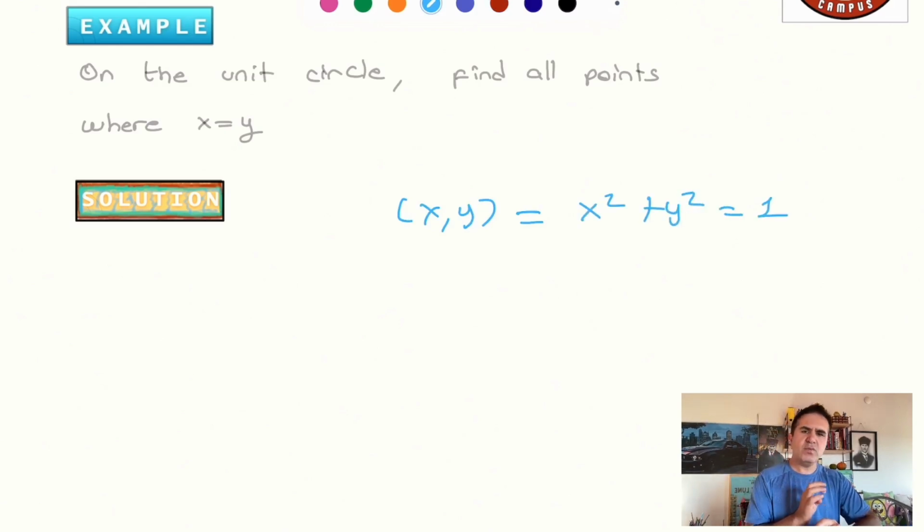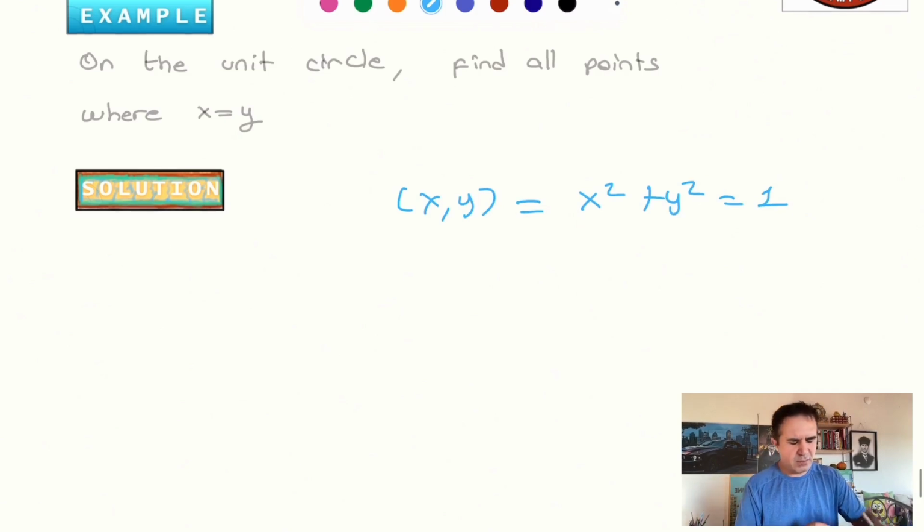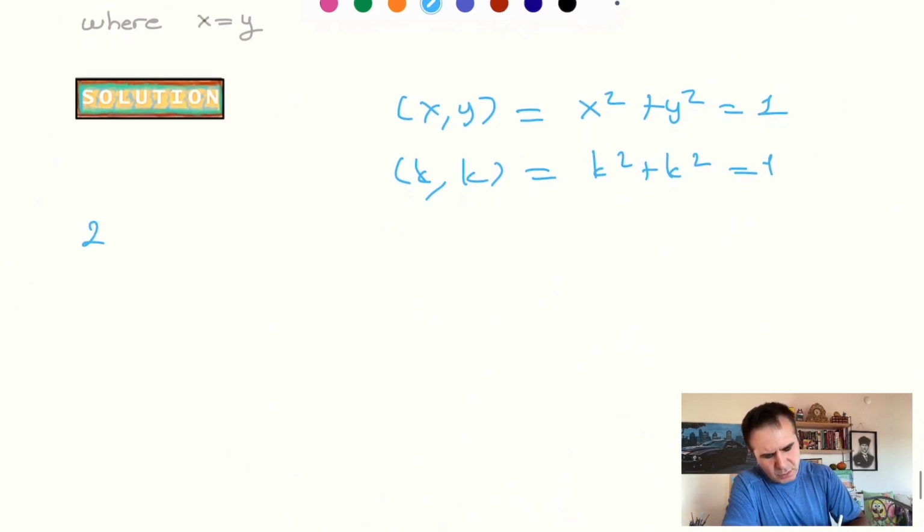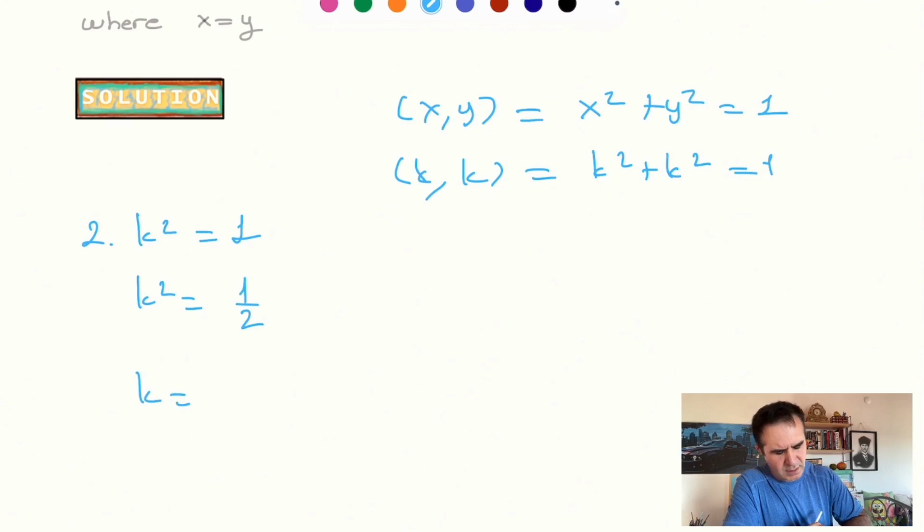So if x and y are equal, we can take x equals k and y equals k. So k squared plus k squared equals 1. This means 2 times k squared equals 1. k squared is equal to 1 over 2. Then k can be plus or minus 1 over square root of 2.